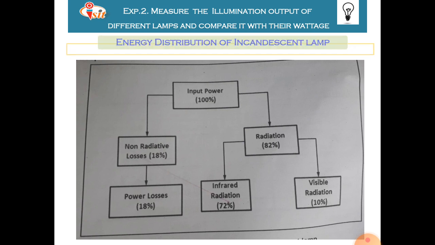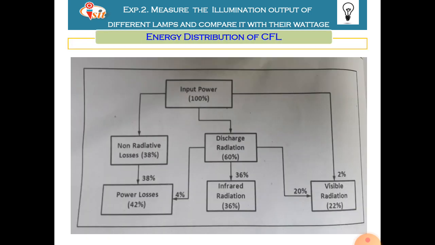Next is the energy distribution of the CFL. Out of 100% input power, it converts 20% to visible radiation. It splits into non-radiative losses and discharge radiations. Out of 60% discharge radiations, it splits into infrared radiation 36% and visible radiation 20%.